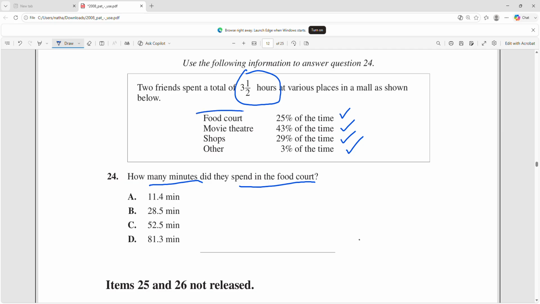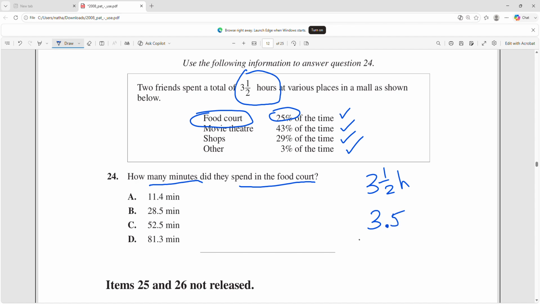Okay, so food court was 25%. We had 3.5 hours. We could do this in decimals or fractions. Let's say it's a calculator exam, so why don't we just call this 3.5? What's half of an hour?